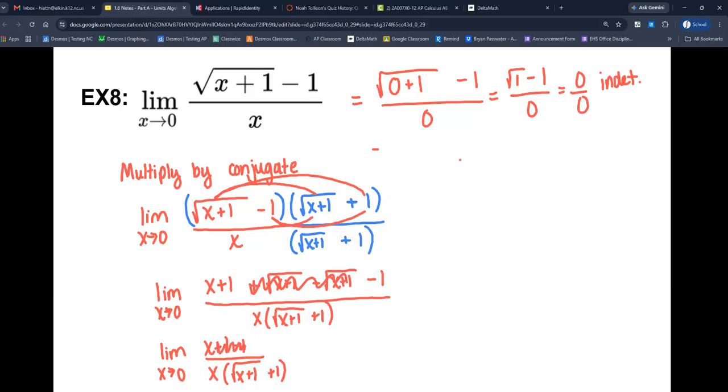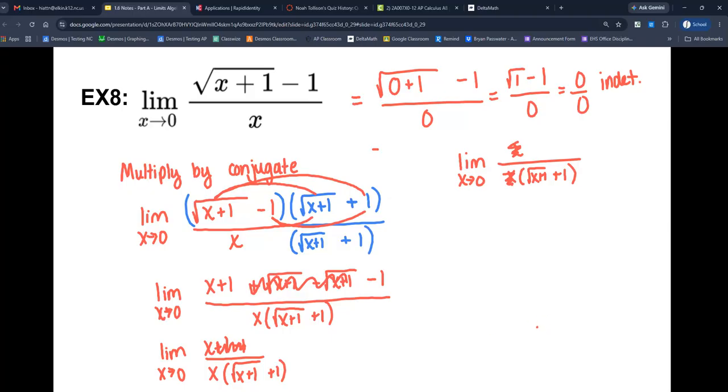So then that leaves you with the limit as x approaches 0 of x over x times square root of x plus 1 plus 1. Now what can cancel? The x on top can cancel with the x on bottom. You can't cancel it earlier because the positive 1 and the negative 1 have plus or minus signs in between. So you need to get rid of the 1s first, then the x's can go.